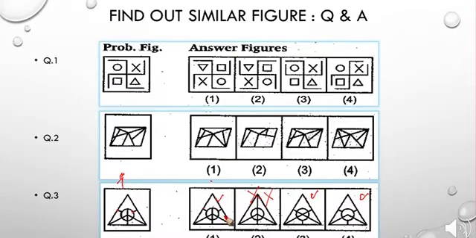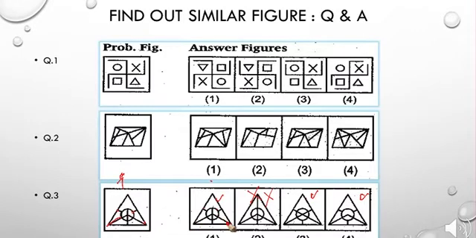Now let's check further. Let's check about these two lines, the line which starts from this corner, reaches here and meets the other line at the center of the circle, and the other line also goes to the other corner.